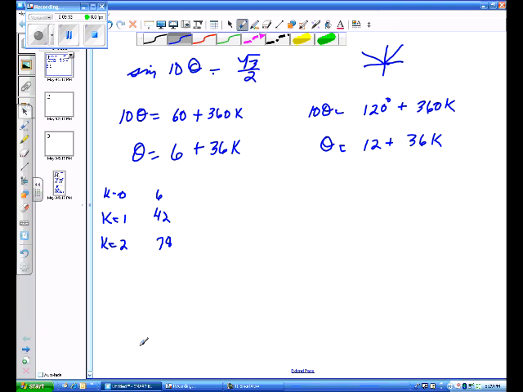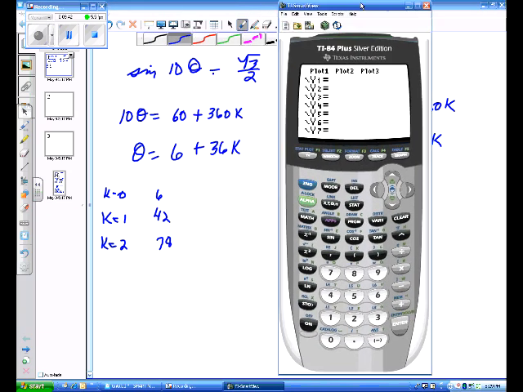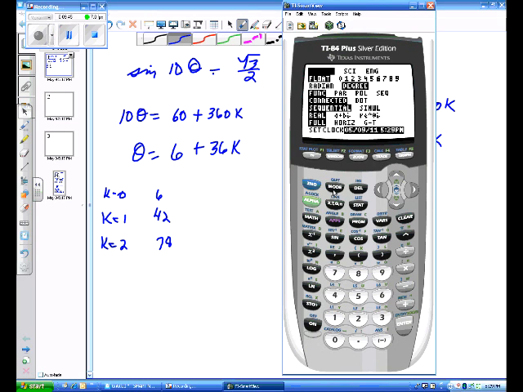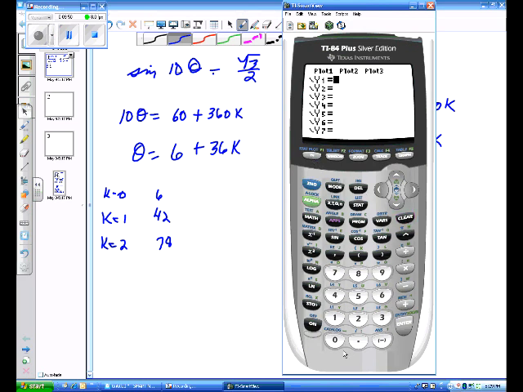And you can even do these on the calculator like we've looked at before. You could check them. Well, let's just take this one. That would be fun. And we're in degrees. Okay, so y equals the sine of 10x, and then on the other side, we had the square root of 3 divided by 2.